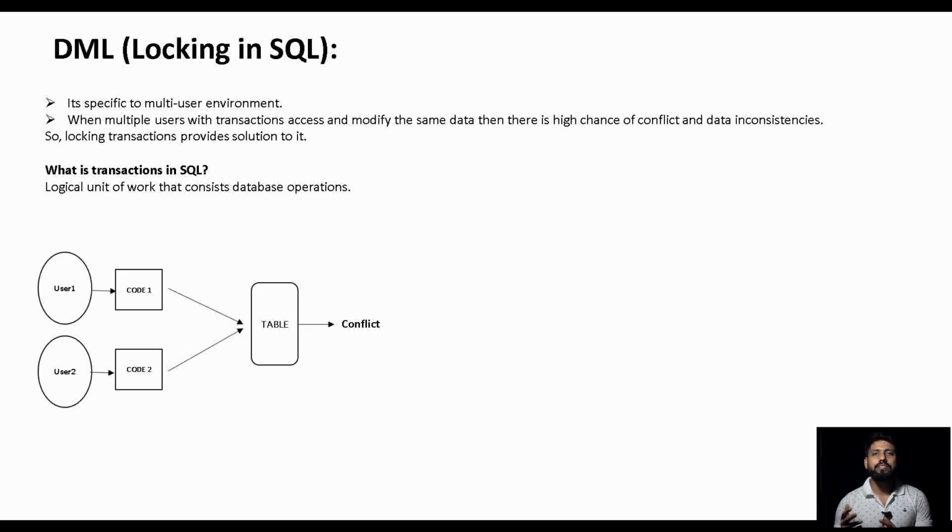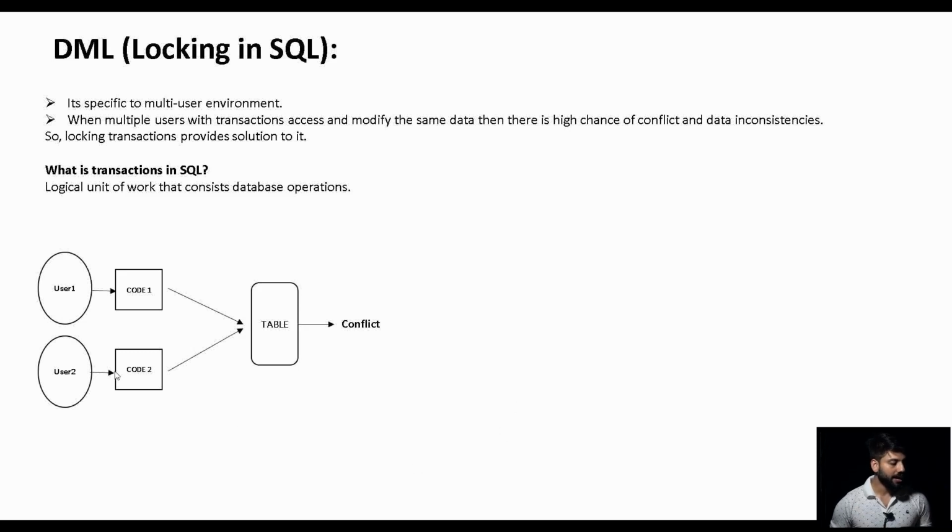Data inconsistency means, suppose there is a primary ID 3, that is the third row, and user 1 is doing some changes, and the second user also wants to make that change or some other change to that same third row at that same particular time, then a data conflict will definitely arise, right? Because both users want to interact with the same data at the same time. So to deal with this problem, SQL came with the concept of locking.